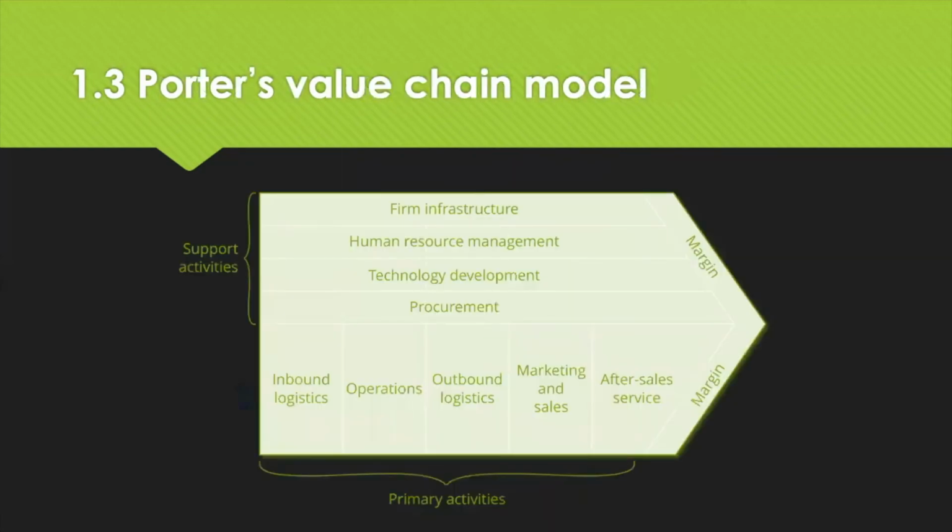Now, Porter's value chain model shows the processes and activities to add value to its products or services, whereas value chain analysis is a process tool to identify the primary and support activities that contribute and add value to the final product or service, or activities that need to reduce the cost or increase differentiation.